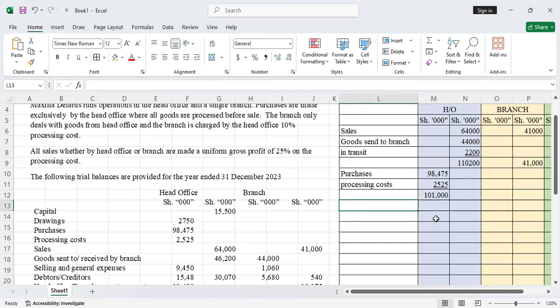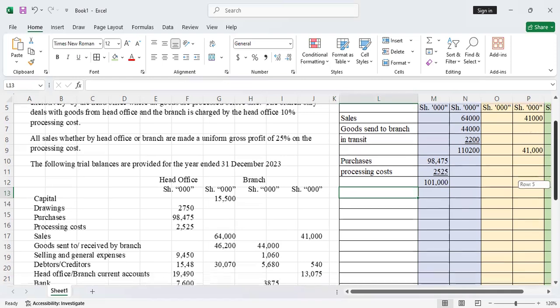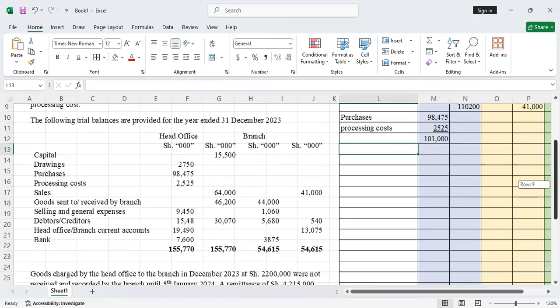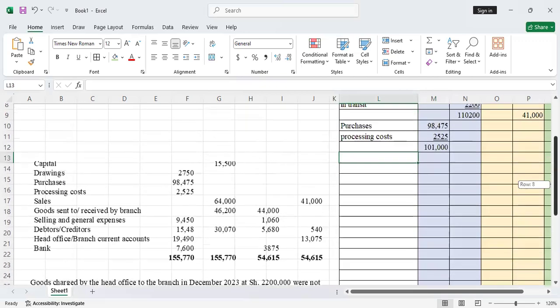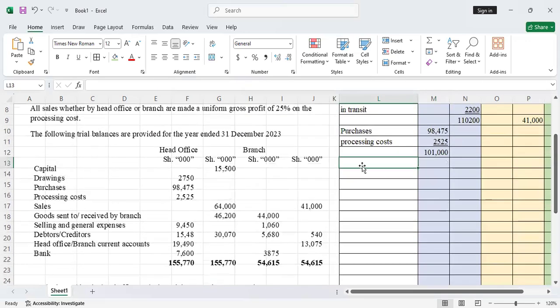Less, down here, cost of unprocessed inventory. You are told is 5,000.